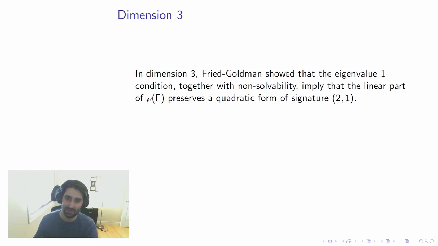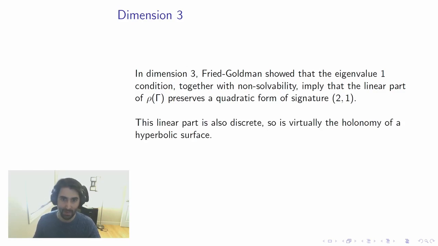This condition, together with non-solvability, means that the linear parts of your groups acting by proper transformations need to preserve a quadratic form of signature 2-1. So the only subgroup that can sit in between the linear part of your group acting properly and GL_n, or GL_3 in this case, is some SO(2,1) for some quadratic form.